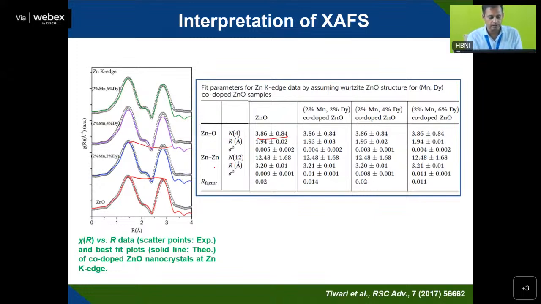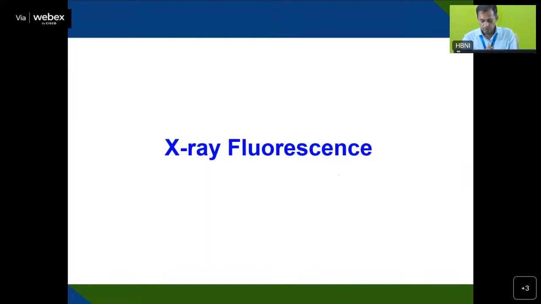From the position of the peak you can find the zinc-oxygen distance and the zinc-zinc bond length, all the nearest neighboring atom distances. So EXAFS is mainly related to the photoelectron spectroscopy.